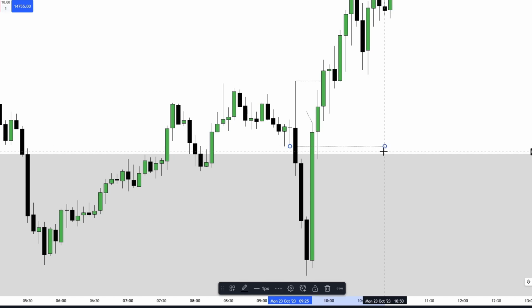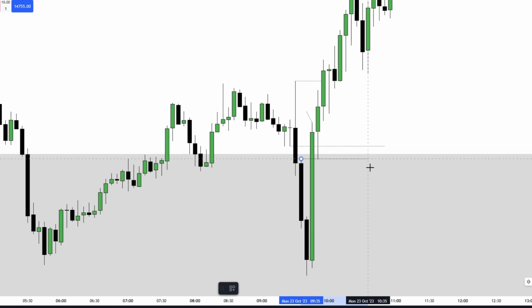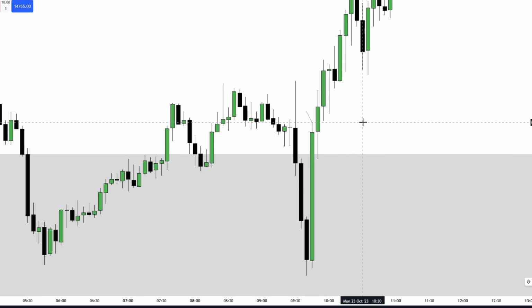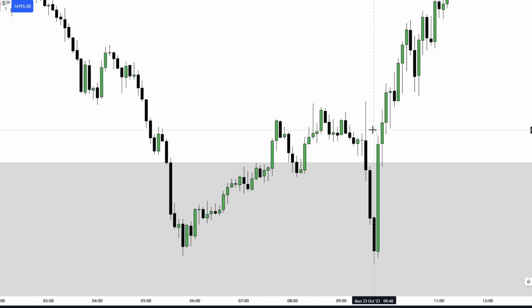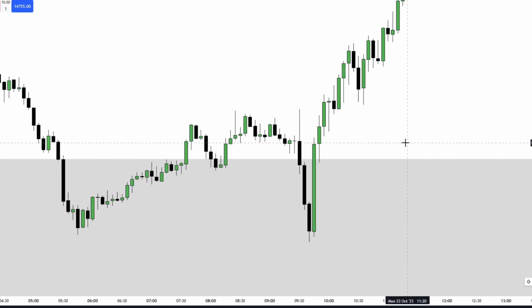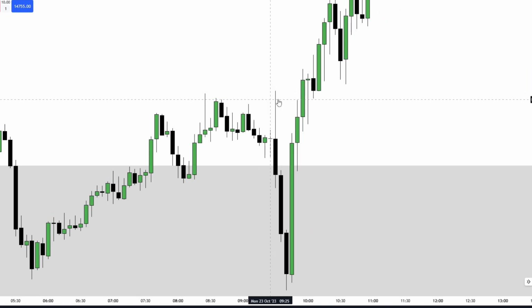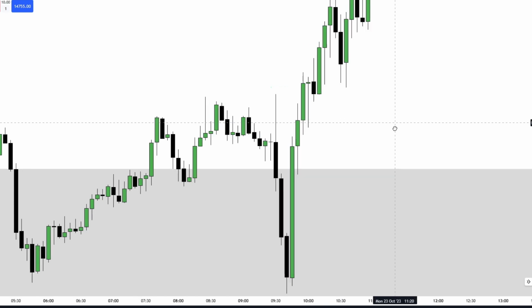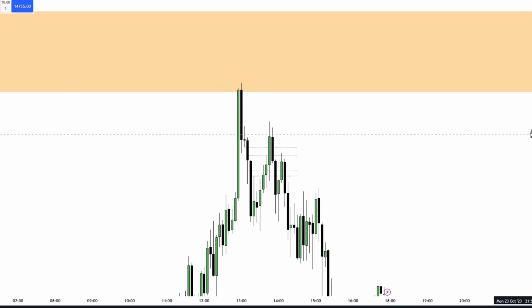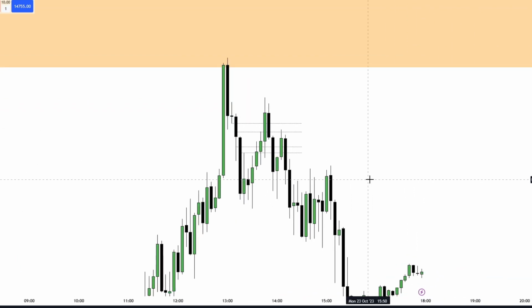As soon as we violated the second fair value gap here, I placed my entry, which was before we swept internal liquidity. That is just another thing that you could utilize in order to make this even more likely to succeed, is to only place your entries if we have not swept internal liquidity yet, and then use the first internal liquidity as your partial or break-even point, right? That is optional. It just becomes a higher win rate model if you do that, right?